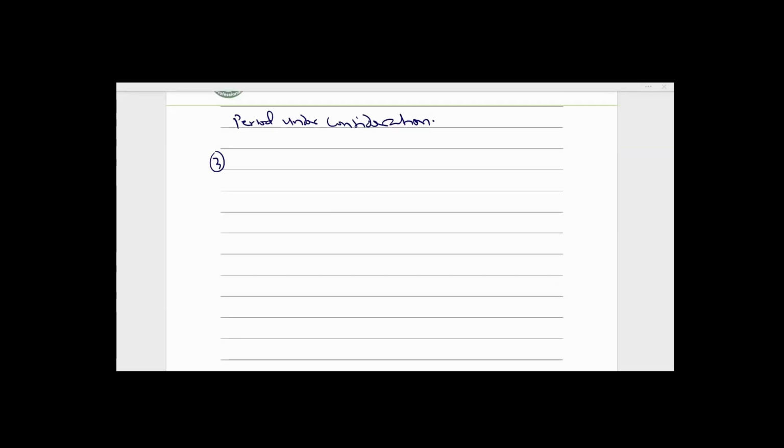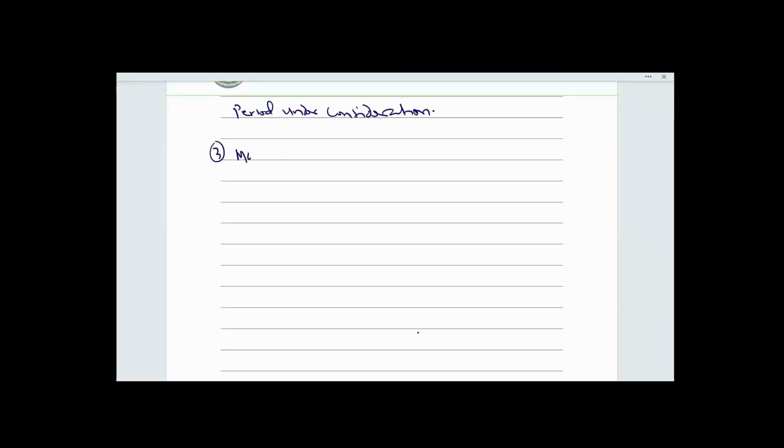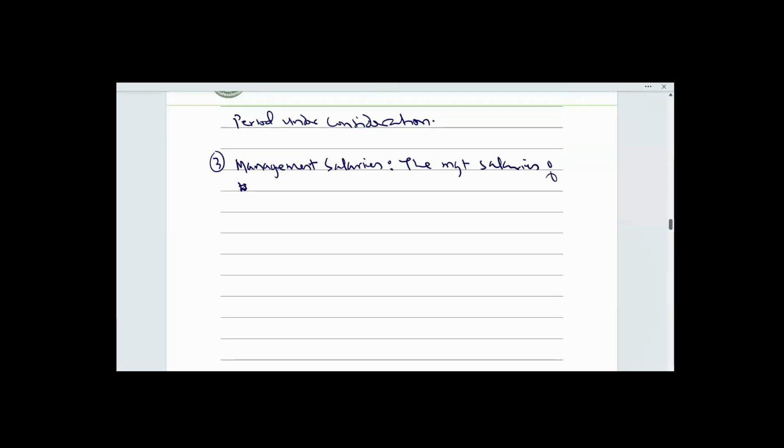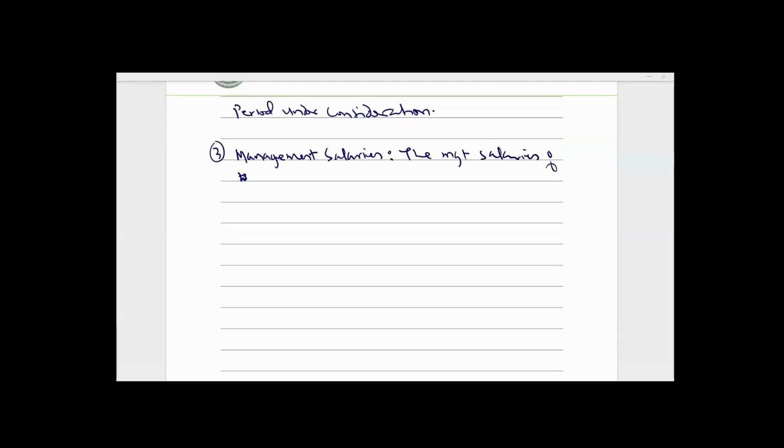So you can comment on management salary. So you can then say the management salaries of, is that 10 million? Let me check. Of 10.5 million naira.